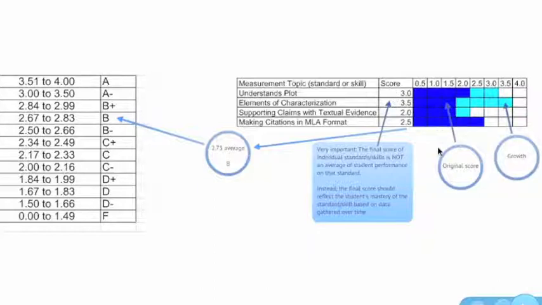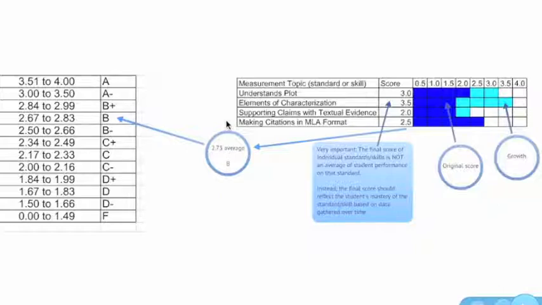In our grade books there should be a way to record the original score and also the student's growth. Here the original score is shown in blue, the growth in light blue, and of course this is just 4 items listed here. Our grade books will have many more than this.